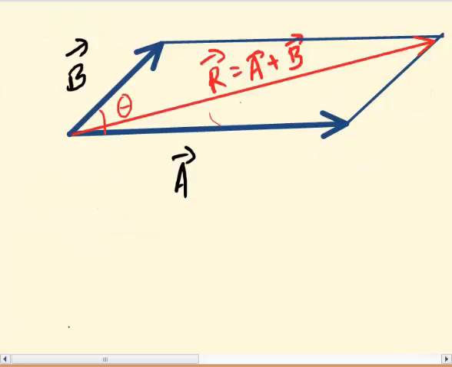It's a geometrical problem now, and all we have to do is find the length of this red line using the length of A vector and the length of B vector. We can use a little construction here.